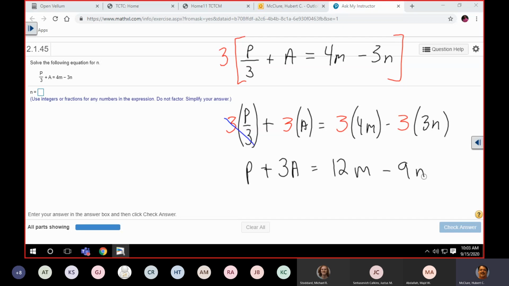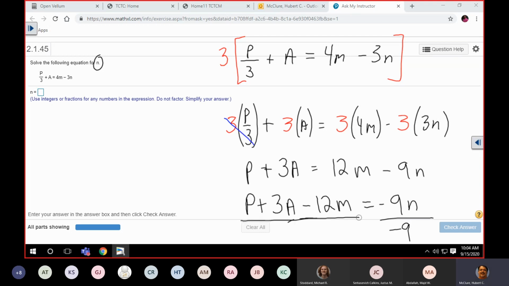Now I go back to the original directions, and we want to solve for n. So I got to get rid of negative 12m. So P plus 3A minus 12m is equal to negative 9n. Divide by negative 9. Divide by negative 9.